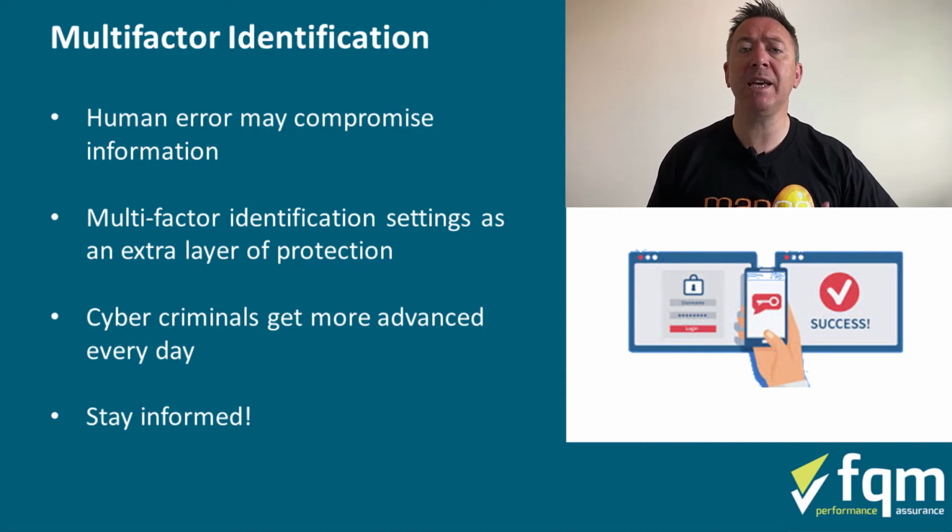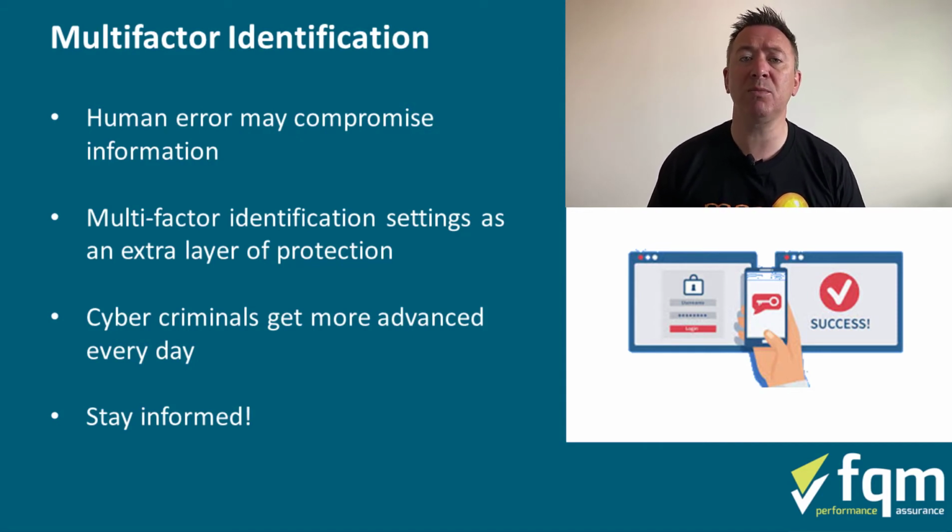So to try and take away the human element of this, having something like multi-factor authentication is a good practice that will give us a strengthened barrier to protect us from human error when using devices to access our information. As cyber criminals get more advanced, we want to adopt advanced technology that will help drive these barriers of protection against these crimes.